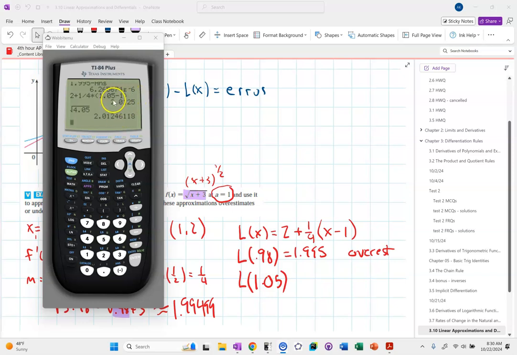So this is an overestimate also. And again, if I wanted the error, I could take my approximate value and subtract the exact, or I could do the reverse and just take the absolute value. But I see that my error there is 3.88.